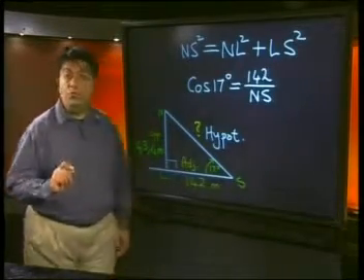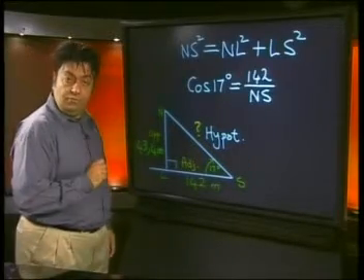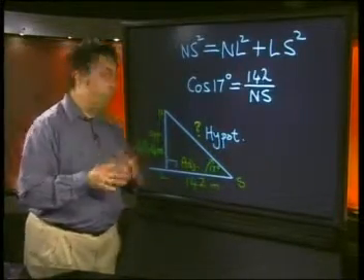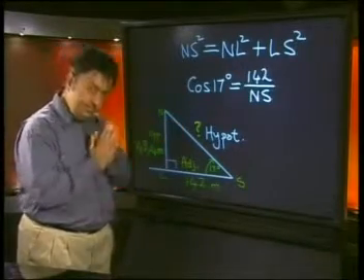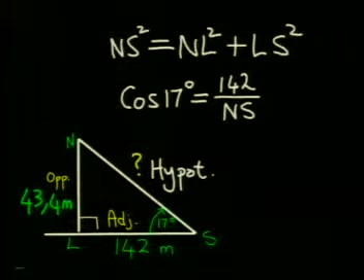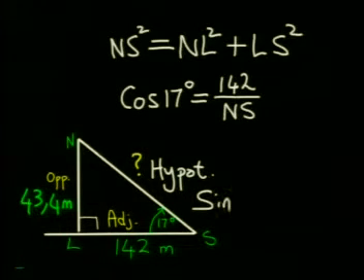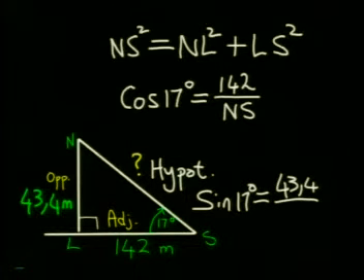Or you could use NL, the opposite side that we solved for. Which ratio uses opposite and hypotenuse? Yes, it is sine. So we have sine 17 degrees is equal to opposite 43,4 meters divided by hypotenuse NS.